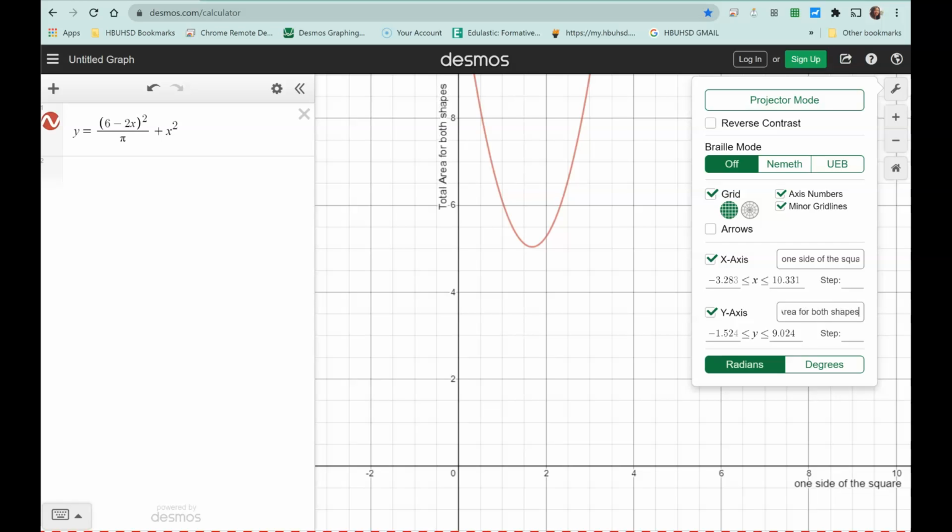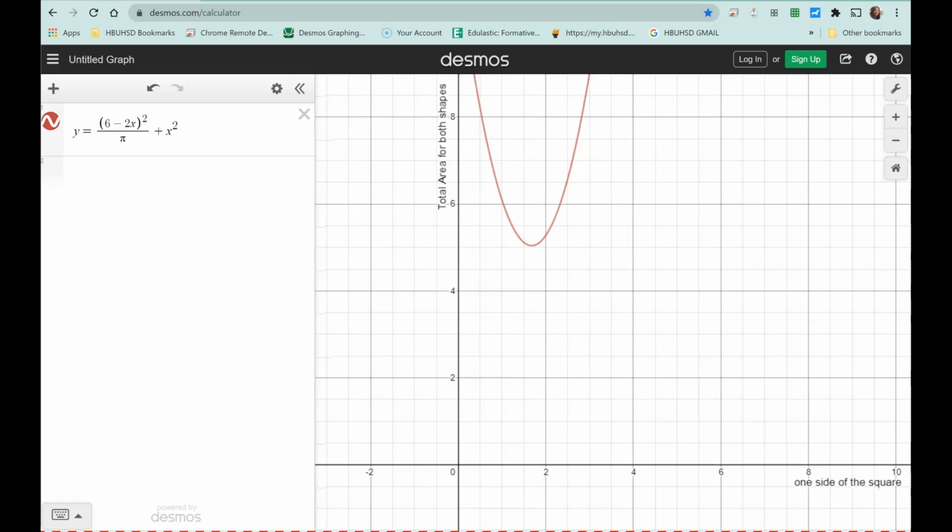So you have to understand what each variable represents whenever you are doing an application. And it's looking for the smallest side, right? So all we do is trace that value.